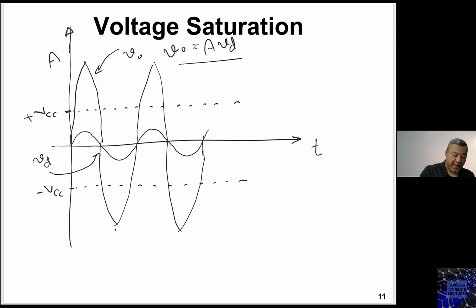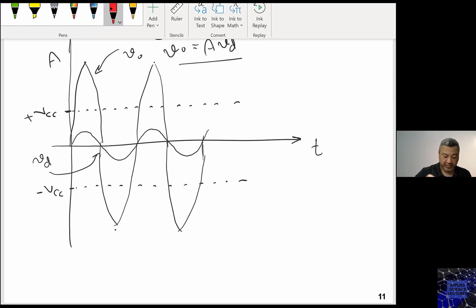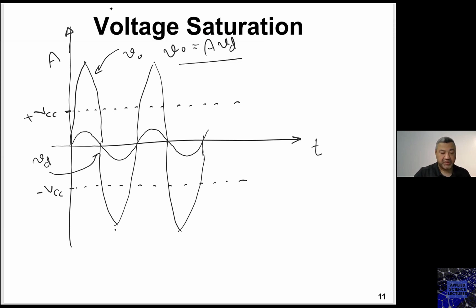Now, what's going to happen is when the output signal that is amplified reaches the maximum voltage, it's going to be clipped. Why? Because the operational amplifier cannot give me more than that value. So this one goes down all the way to here and then gets clipped like this because it reached saturation.